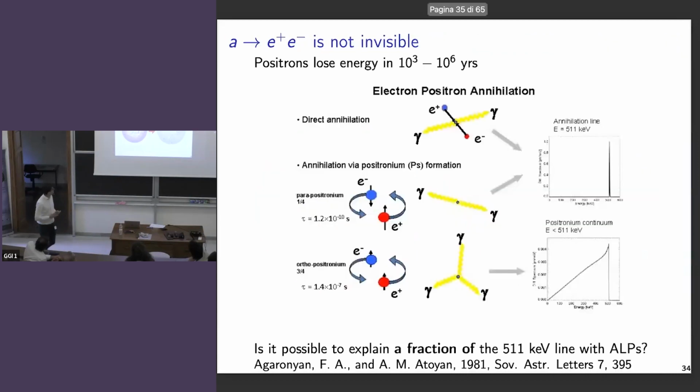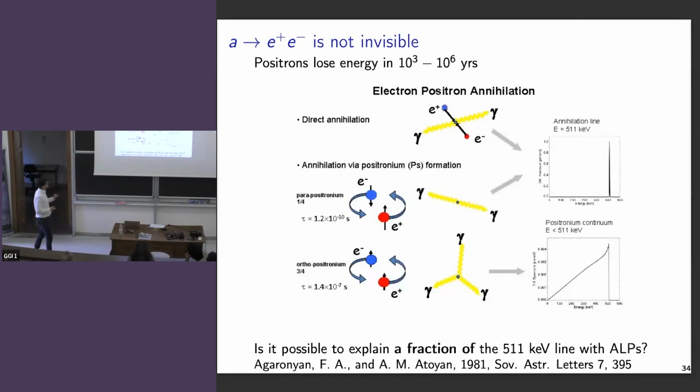What happens in this case? If axions decay outside the supernova envelope and inside the galaxy, they would produce positrons but also electrons, but let's focus on positrons. The positrons slow down due to Bhabha scattering with the electrons in the environment, and then annihilate almost at rest in about 1 million years, depending on the density of electrons inside the galaxy, after formation of a positronium, which is a bound state of a positron and an electron.